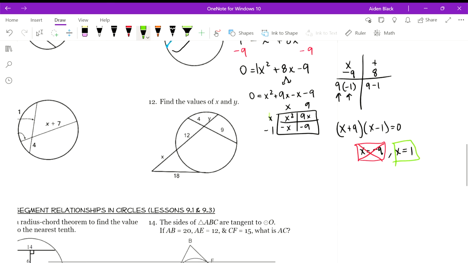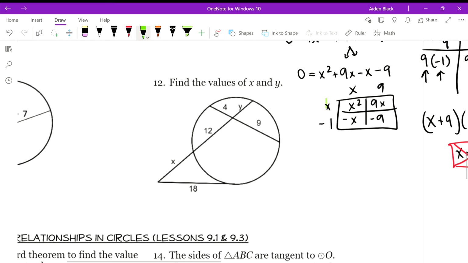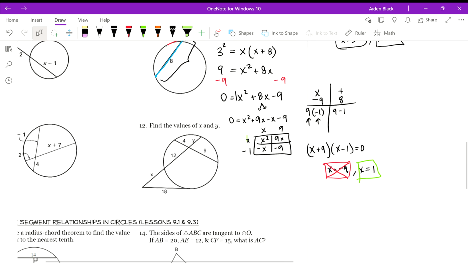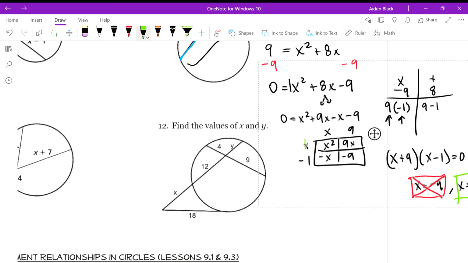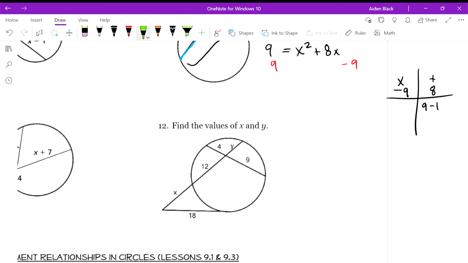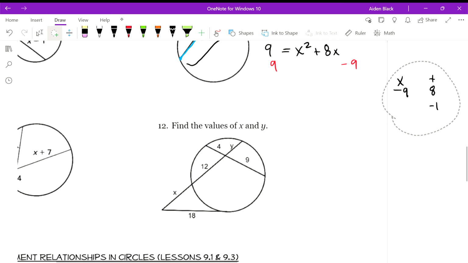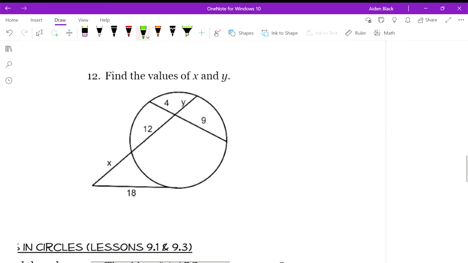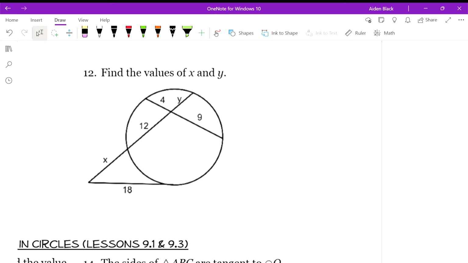Alright, let's try this one. This one looks a little tough. So, I should probably get rid of all this. Okay. Computer's slow. Looks like we have two different things going on. We can look at this as a tangent segment and a secant segment.